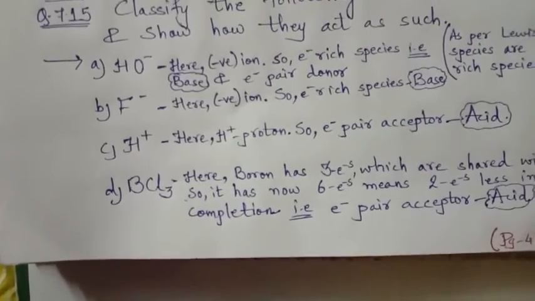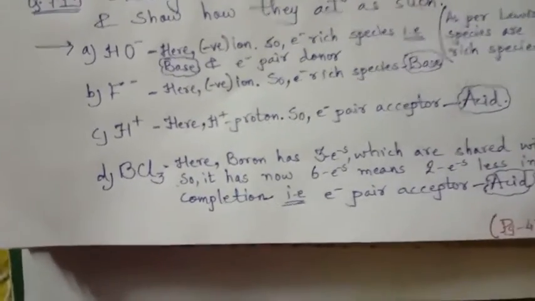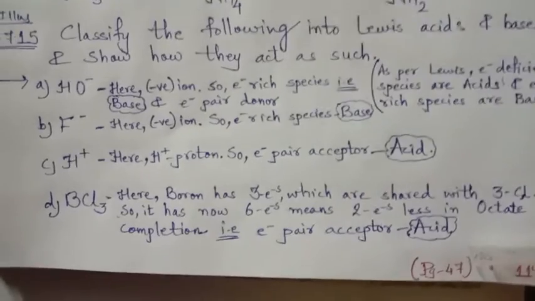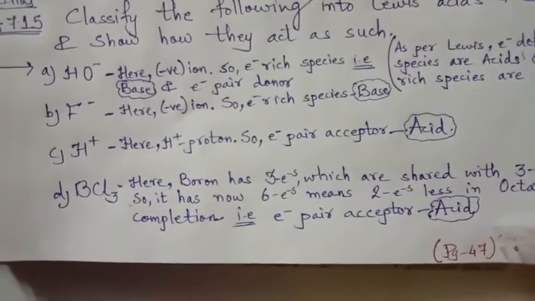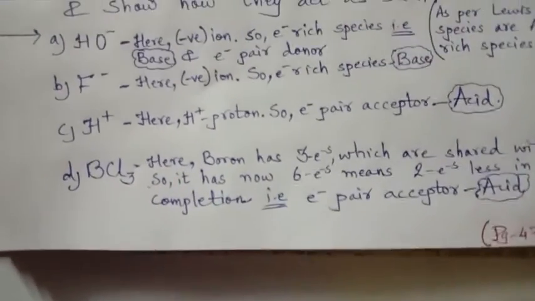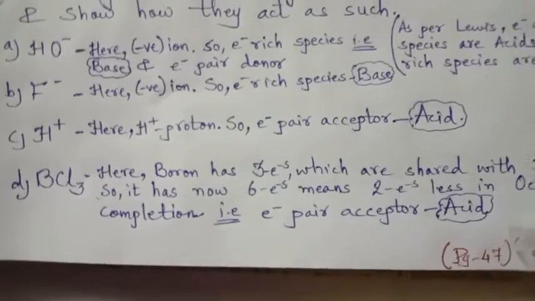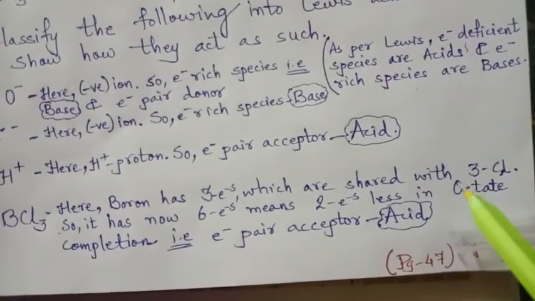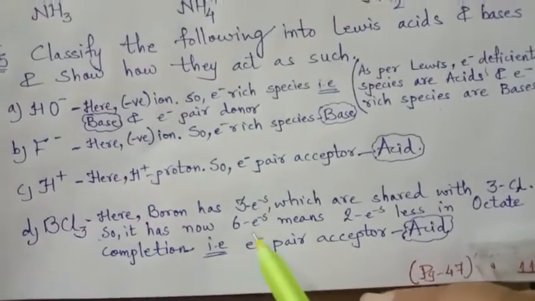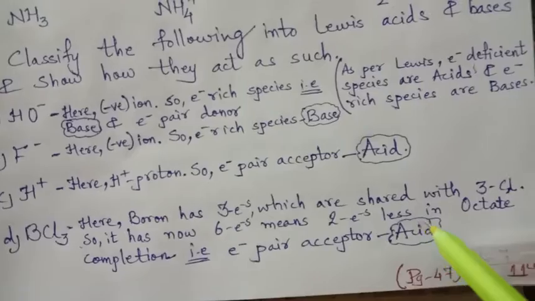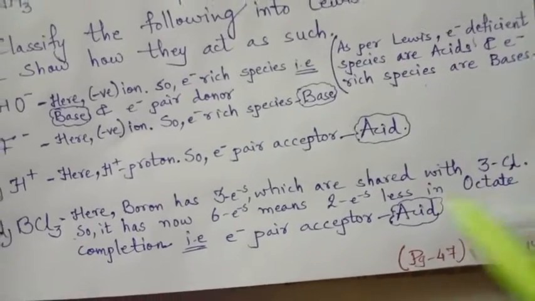Considering the outermost shell, boron has 3 electrons, which are shared with 3 chlorines. So 3 plus 3, they have 6 electrons, meaning 2 electrons are still needed to complete the octet.